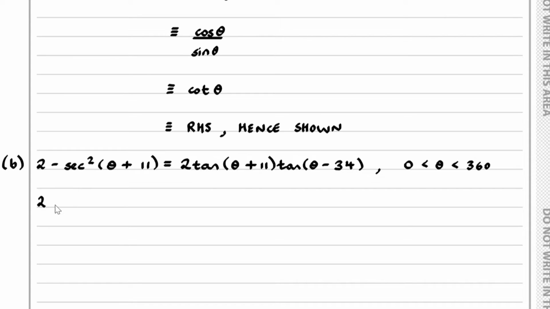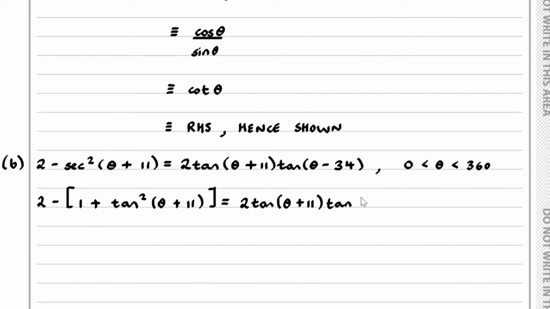So, we have 2 subtract, then in brackets, 1 plus tan squared of theta plus 11, which is equal to 2 times by tan of theta plus 11 multiplied by the tangent of theta minus 34.